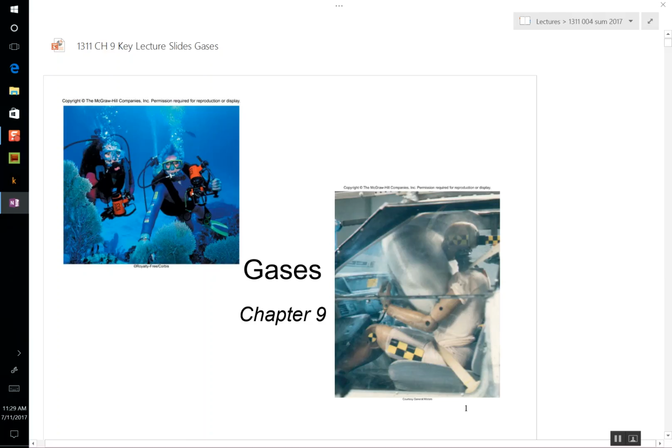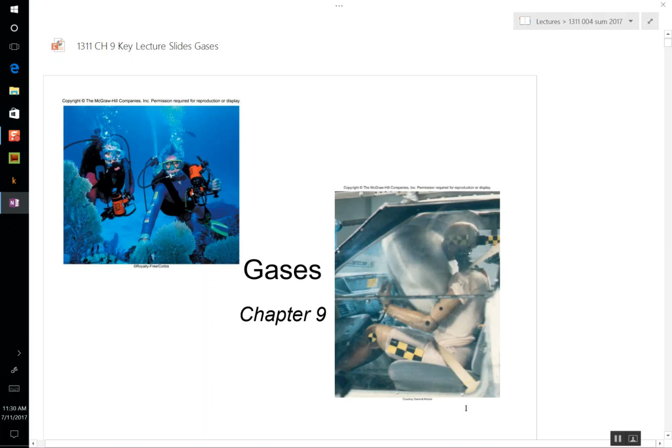What's it going to hit? Well, if it hits nothing, it'll hit the ceiling. It may hit me. It may hit you. It may hit another oxygen molecule or a nitrogen molecule. And if it does, it bounces off of it. And that's what these molecules are doing. They're bouncing around in the room.